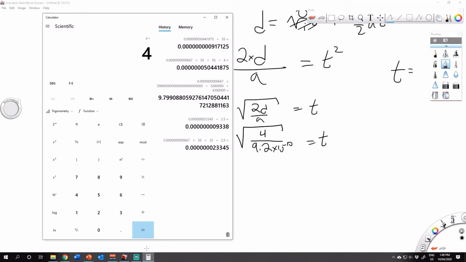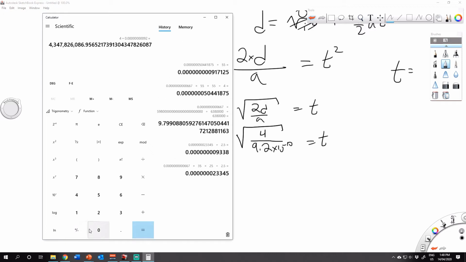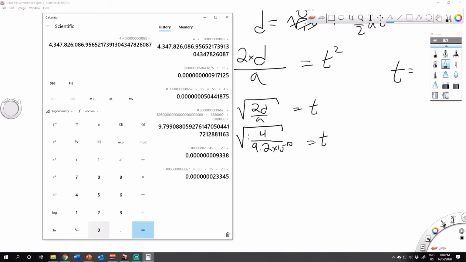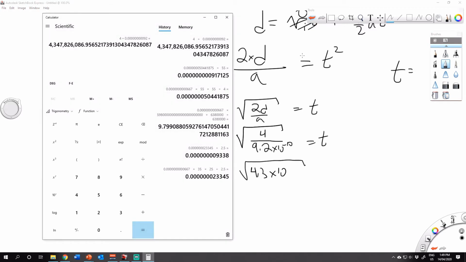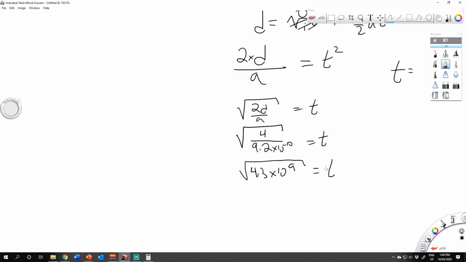So 4 divided by 9.2 times 10 to the negative 10 gives me a value of 4.3 times 10 to the 9, equals t squared.